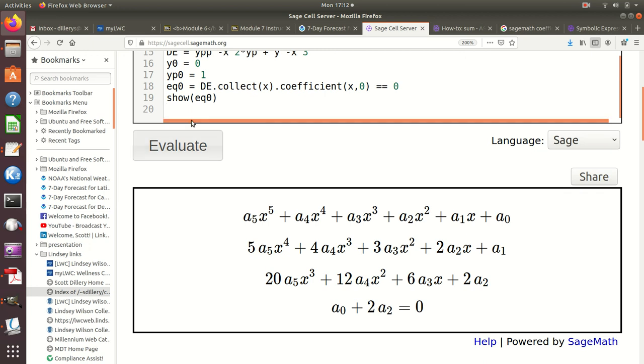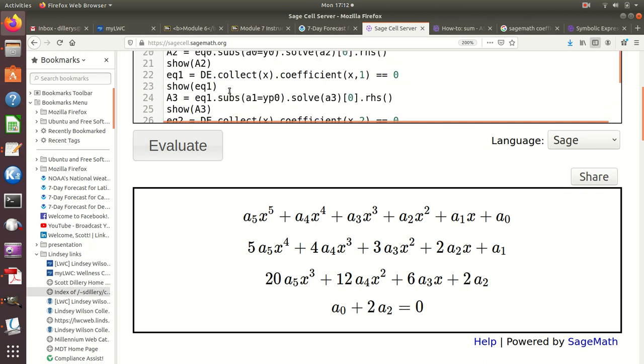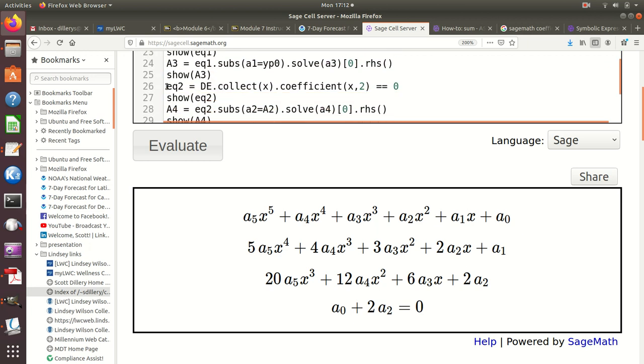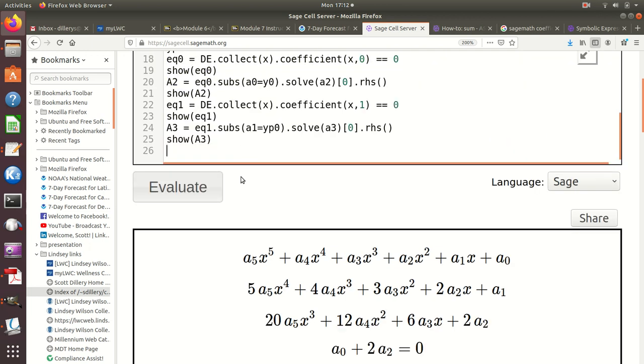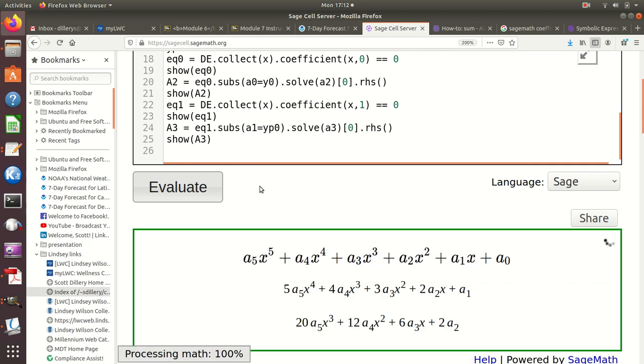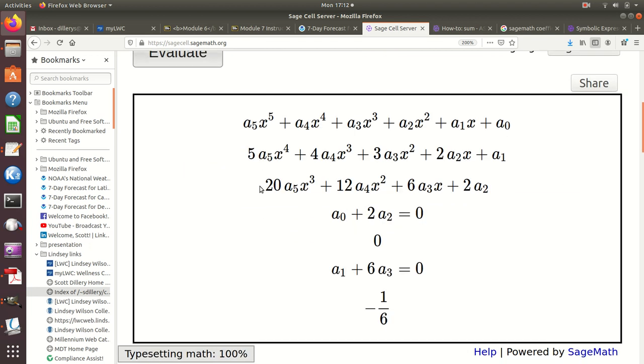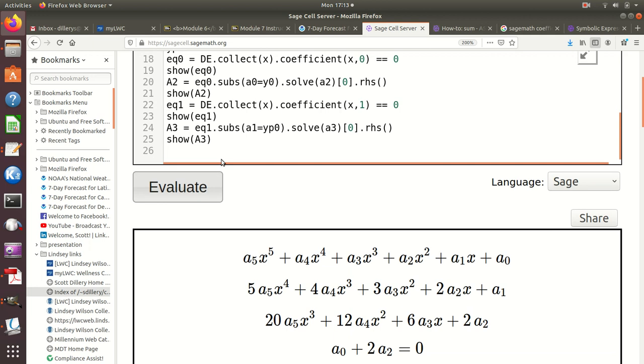So actually the first A2 will work fine, and possibly even the A3 works okay. I can try it. I'll just get rid of the stuff below that. Evaluate. And oh yeah, it's coming back to me. We had the minus 1/6, but now it maybe starts to be different.